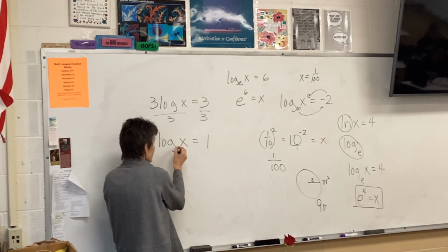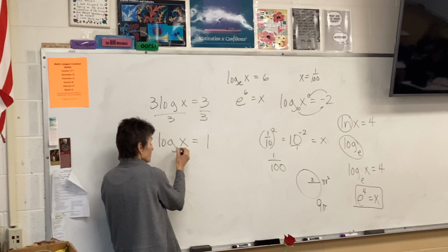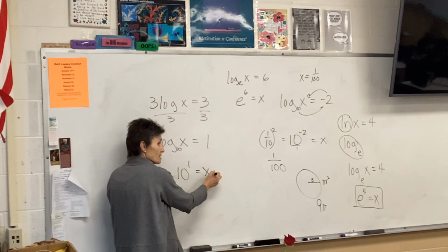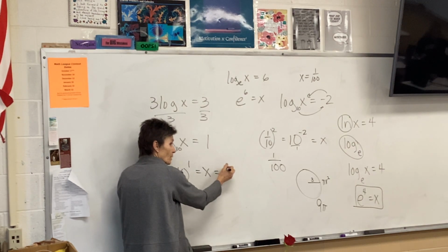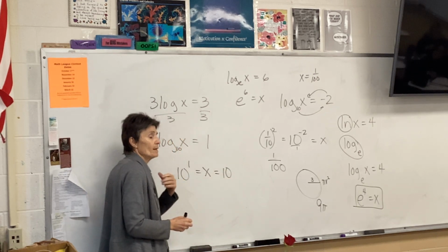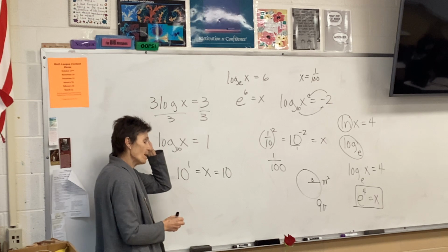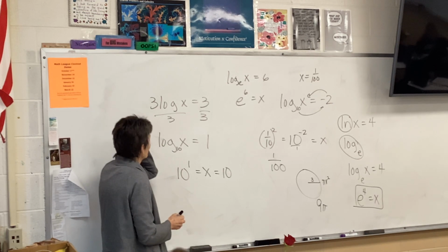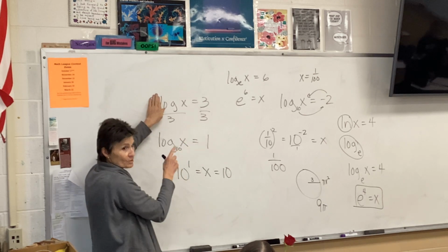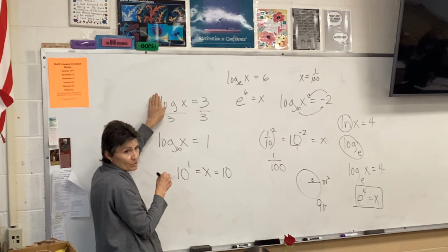And what's the base on this? 10. So what does that problem say? 10 to the 1st equals x. So what's the answer to the question? 10. Now, I need you to be careful. Mackenzie, you said do this part of the problem first. Since that's an equation, I can't do that.